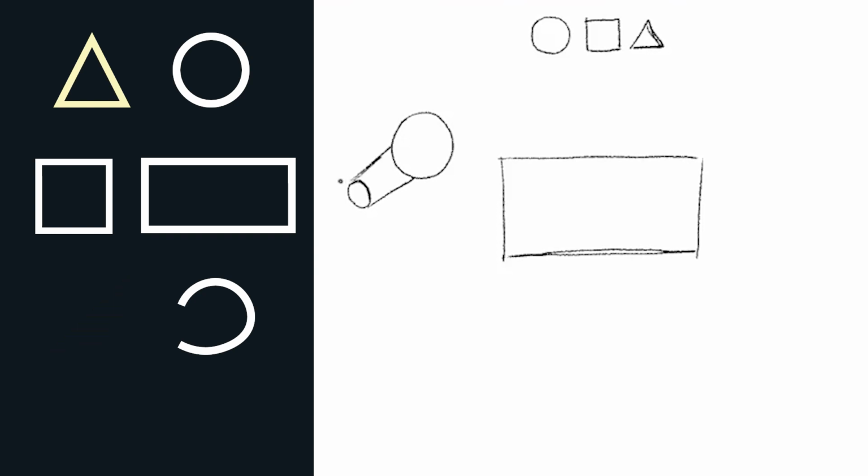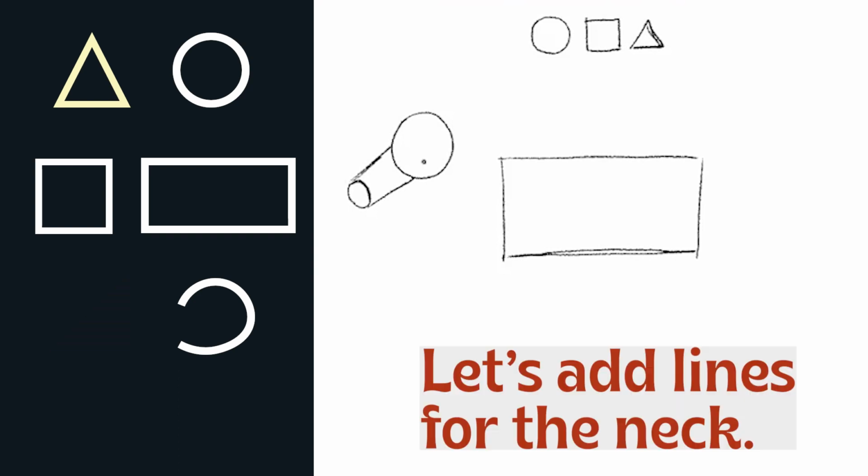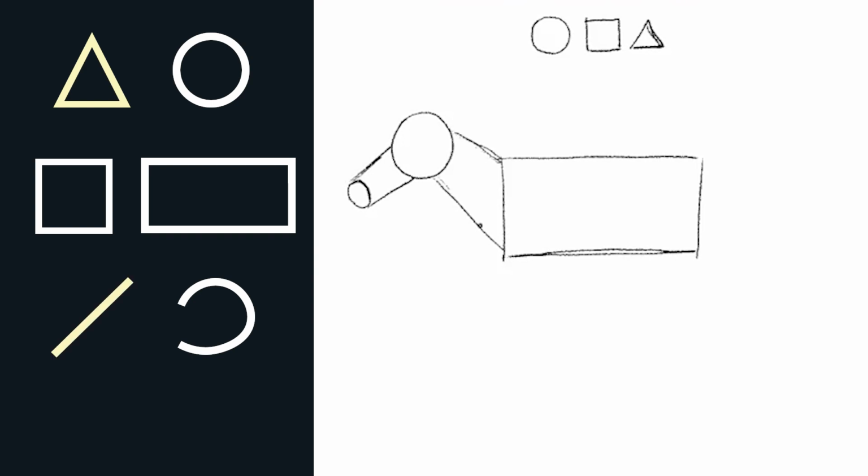All right, awesome. What should we draw next? Okay, lines to the neck. How about the feet and the legs? Yes, curved lines and triangles. So we can do curved lines or rectangles.